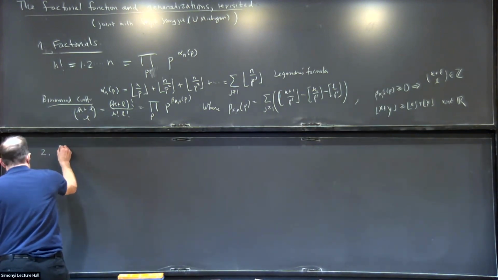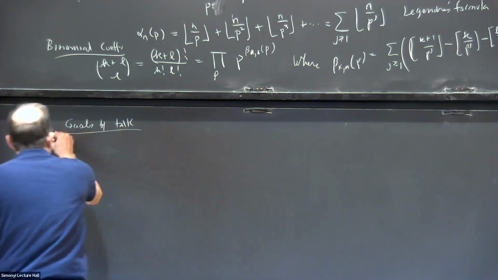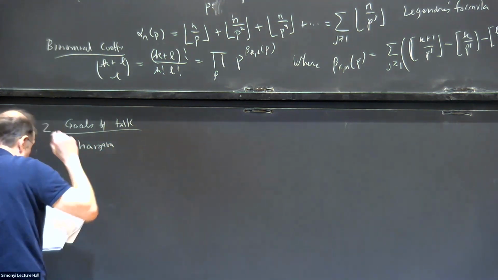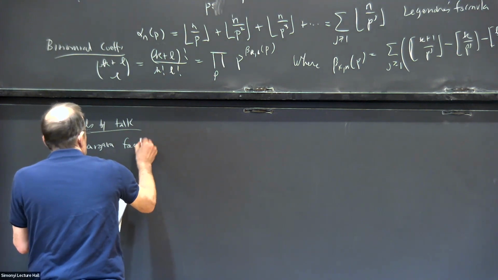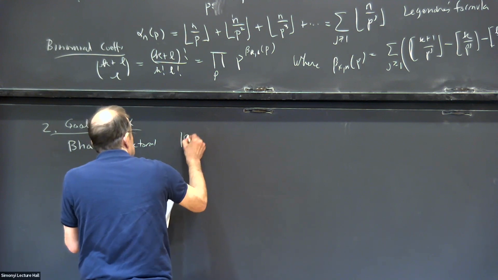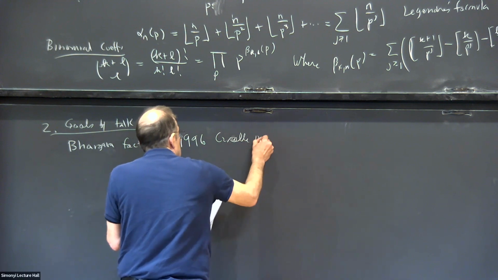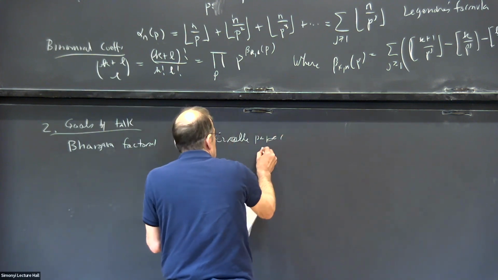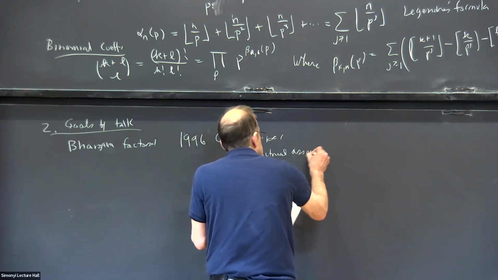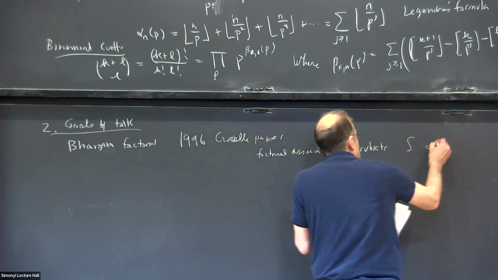So I would like to say the goals of the talk, and so I would like to say something about the Bhargava factorial. So he defined, you can find this in a 1996 Crelle paper, where he defined factorials associated to subsets S of a Dedekind ring.